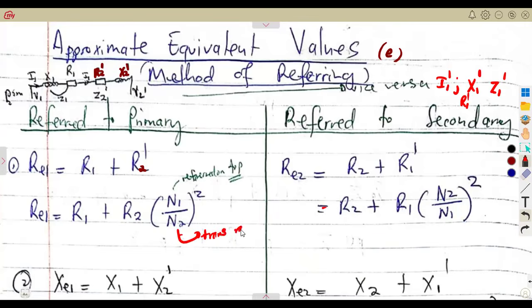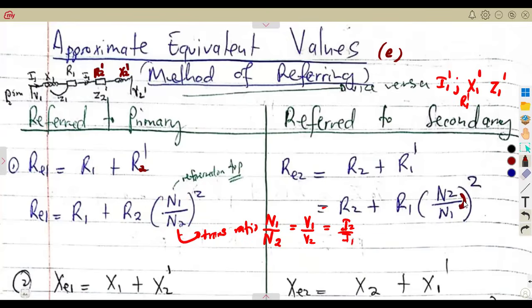If you understand this, it means you can use anything in place of N1 over N2. You can use the voltage V1 over V2. You can use the current I2 over I1, depending on what you are given there. But as it is referred to the secondary side, it's going to be R1 into N2 over N1.